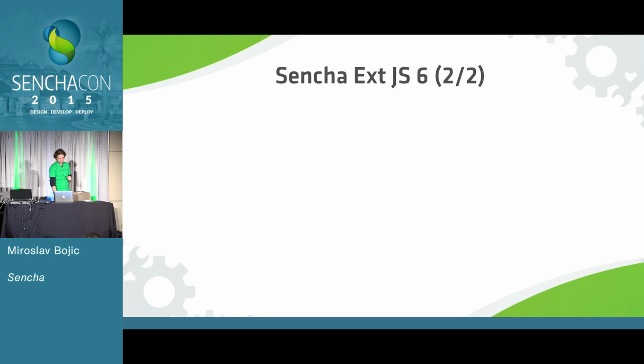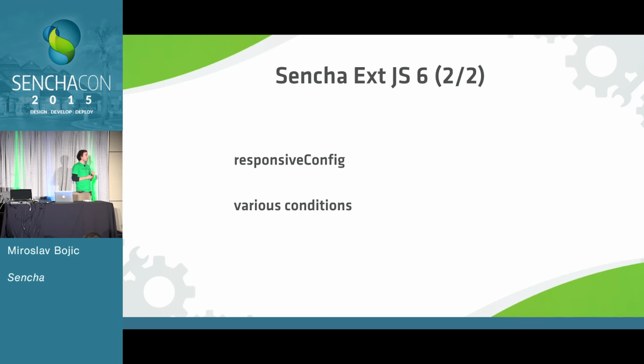And responsive configs come, once again, in a couple of different flavors. So there's a responsive config property, and I'll give a couple of examples for all of these. The responsive config property also supports various conditions that help you basically define those breakpoints that I mentioned earlier.